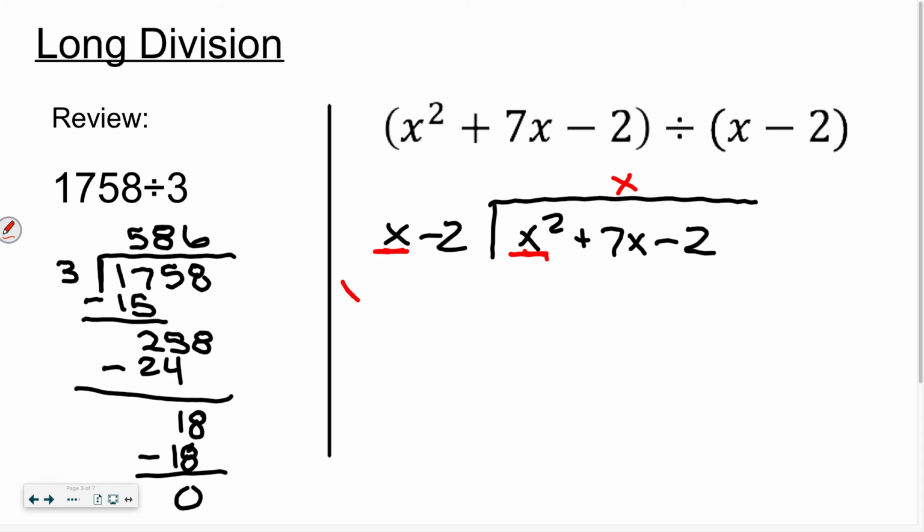So I'm going to put that over here on the side. x times x minus 2 is going to be x squared minus 2x. You're multiplying x by x minus 2, so you have to distribute it. You're multiplying it by the whole thing, aren't you?